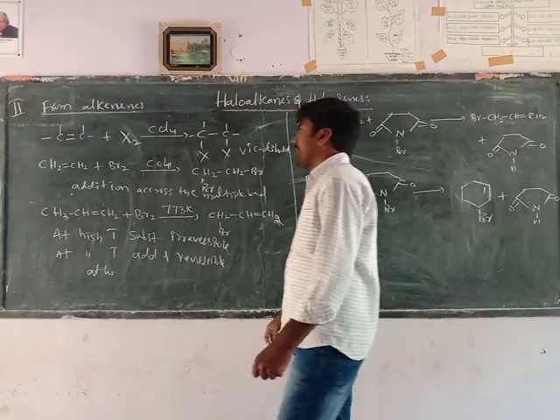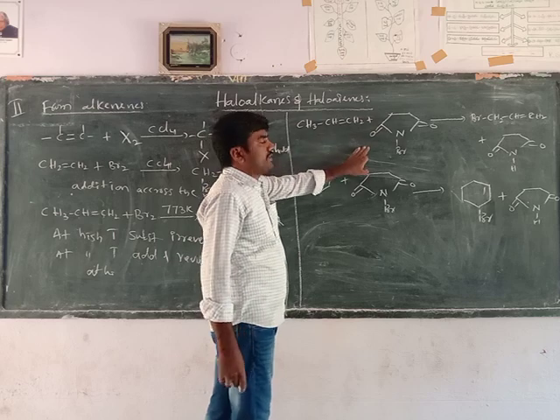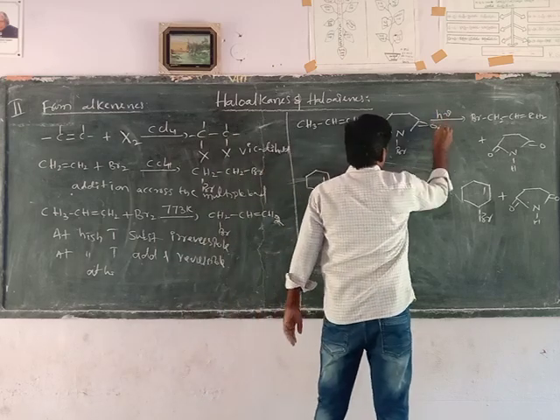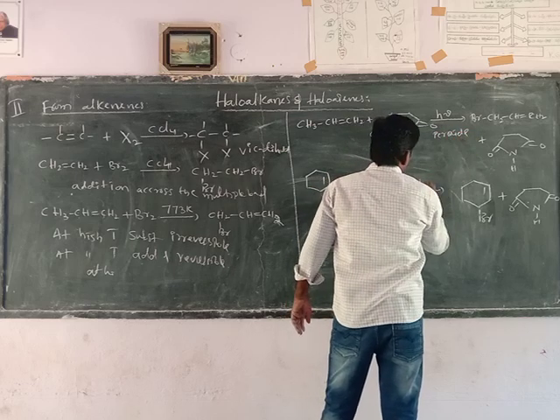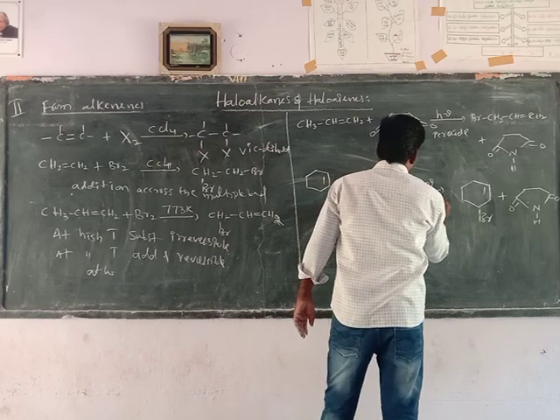This is an example of alkenes reacting with N-bromosuccinimide in the presence of sunlight or peroxide as an initiator.